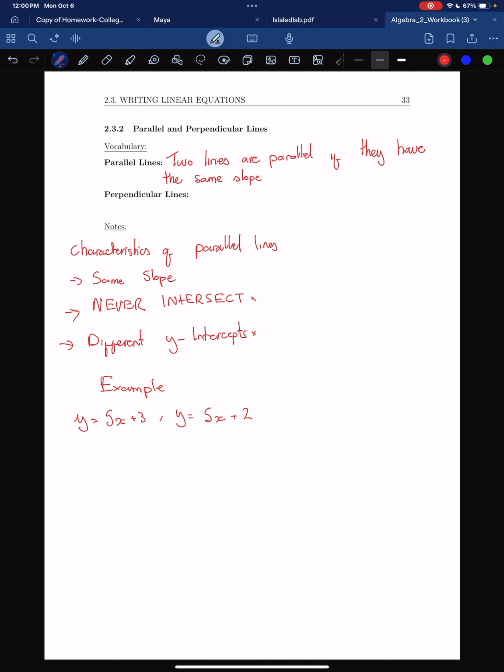Now let's move on to perpendicular lines, all right? Two lines, let me use a different color for this one.